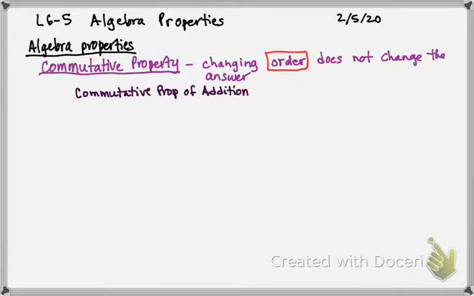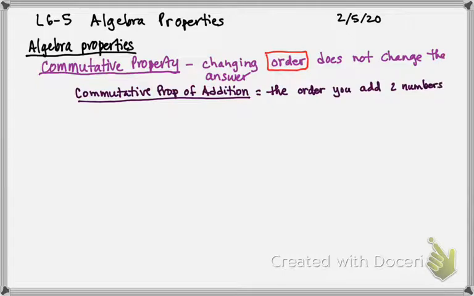So how does the definition change now that I've put in addition? Well, what it says is the order you add two numbers does not make a difference in the answer.